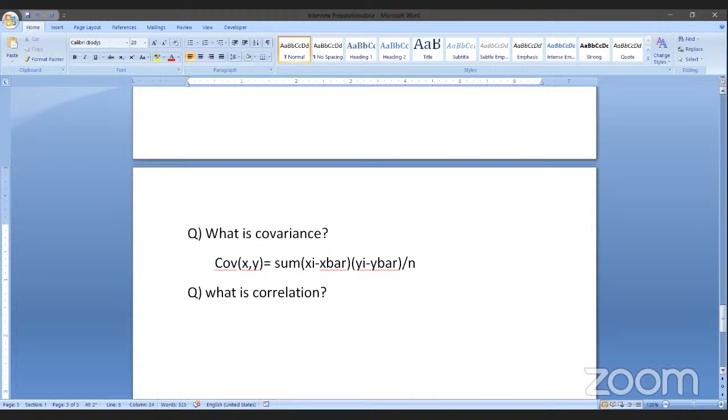So correlation is used to measure and estimate the quantitative relation between two variables. It measures how strong the two variables are related. Yeah, Power correct.